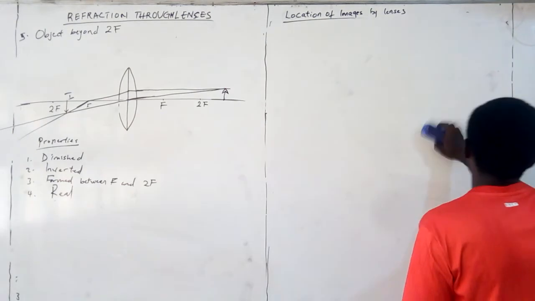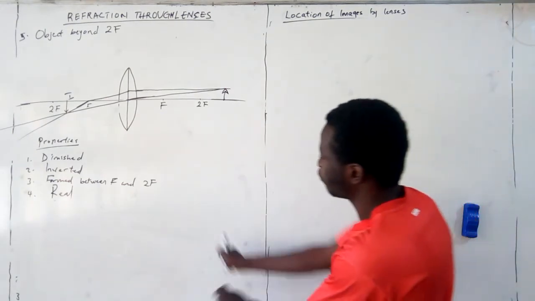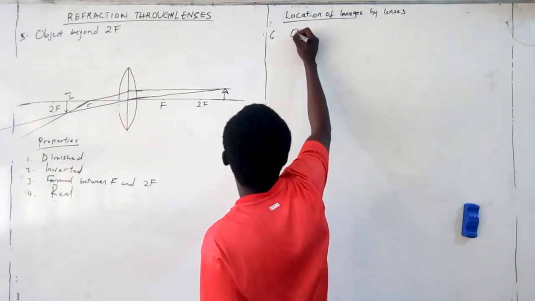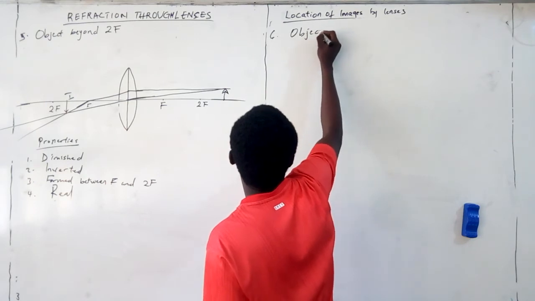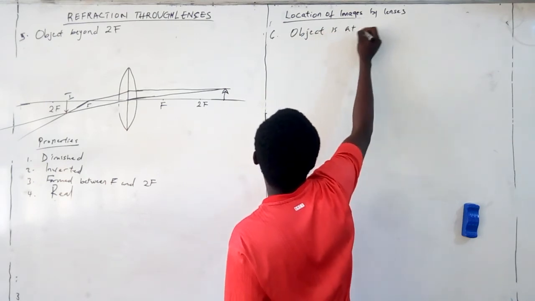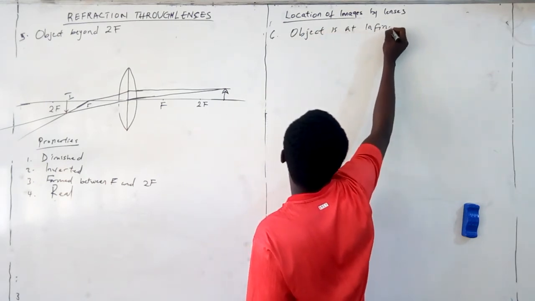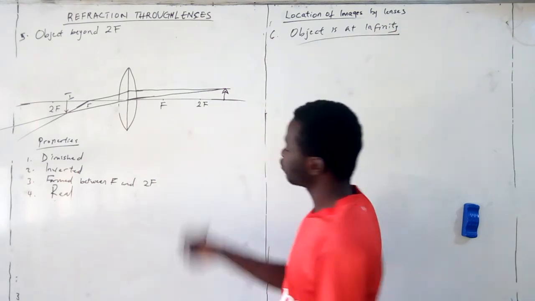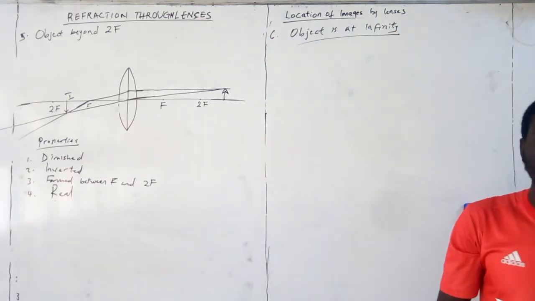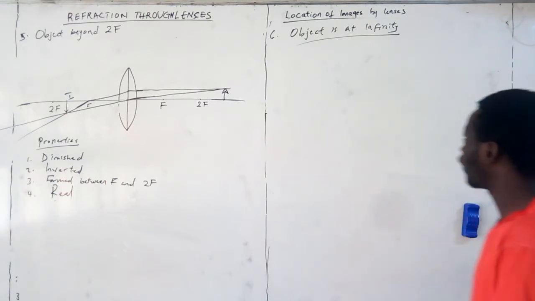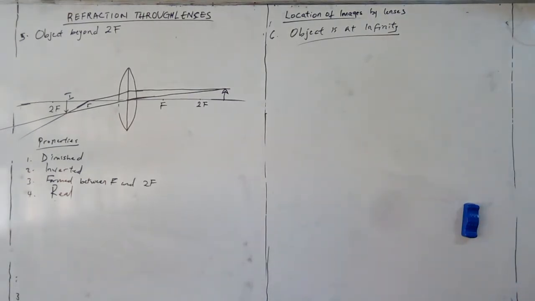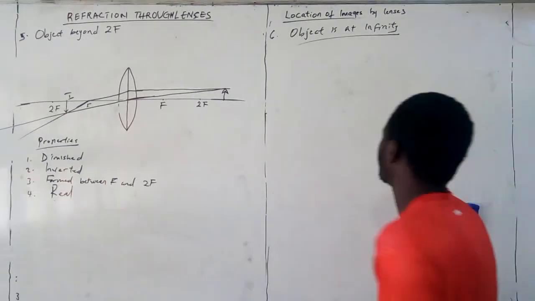Now, what if we have a special case whereby the object is at infinity? When we say object at infinity, we just mean when the object is very far away.